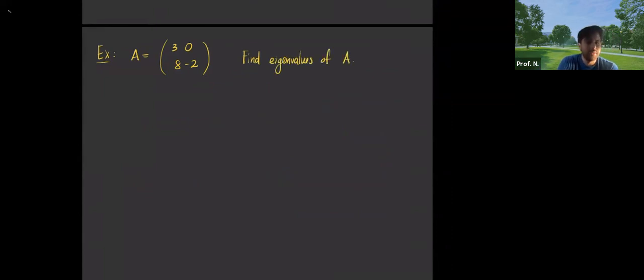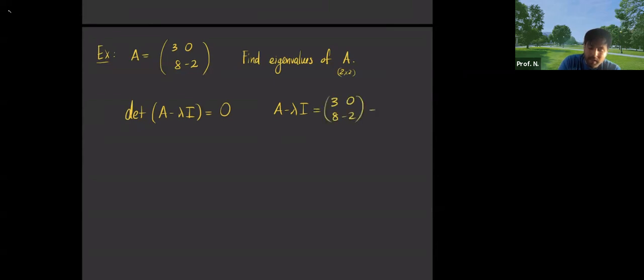What does that entail? The determinant of A minus lambda I equals 0. Well, what is A minus lambda I? Remember, A here is a 2 by 2, right? So if A is a 2 by 2 matrix, then the identity has to be 2 by 2. So I get 3, 0, 8, negative 2 minus lambda times 1, 0, 0, 1.